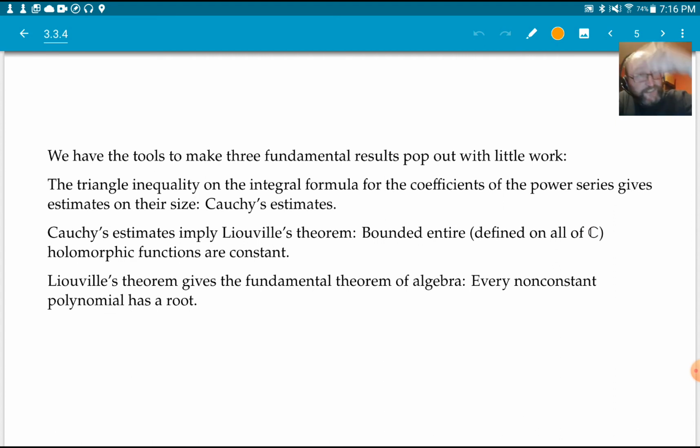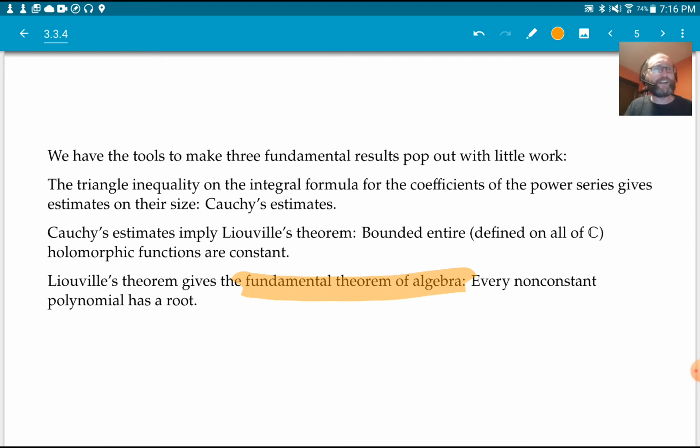Liouville's theorem, in turn, implies what seems like maybe it's not a theorem of complex analysis at first, the fundamental theorem of algebra. Every non-constant polynomial has a root. Well, it is actually a theorem of complex analysis.